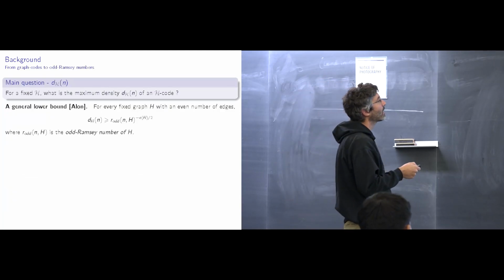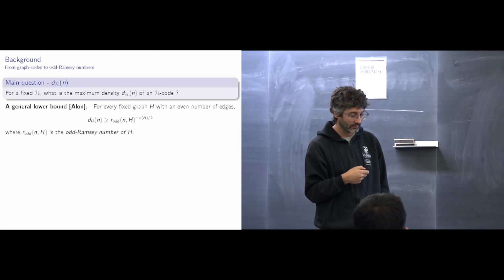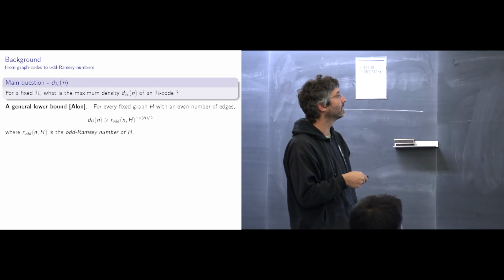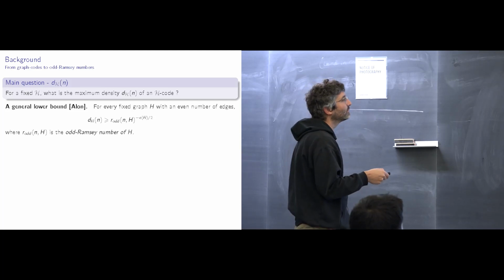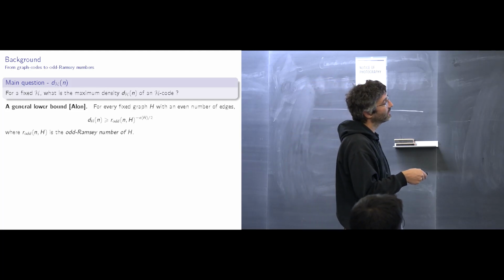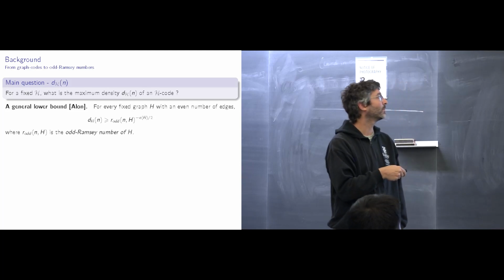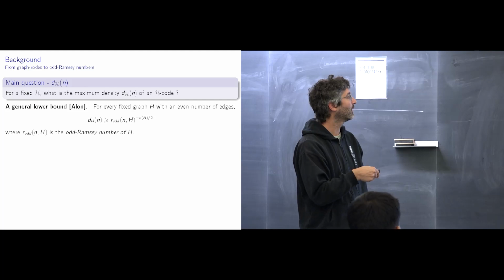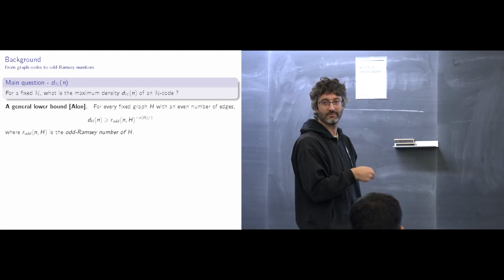And what Noga managed to find, he gave a wonderful proof that the maximum density of an H code is at least polynomial in that parameter here. And that parameter here, what we're going to talk about today, is what's known as the Odd-Ramsey number of H. Okay.